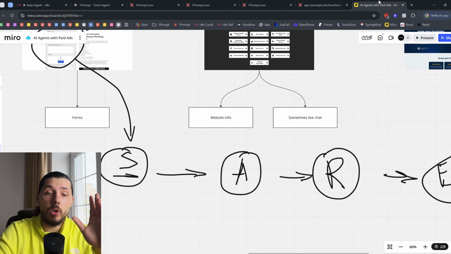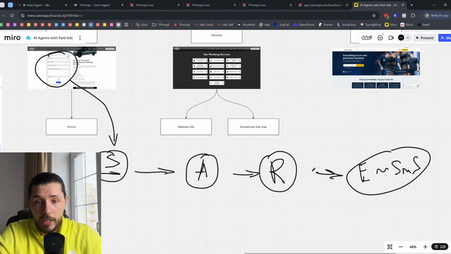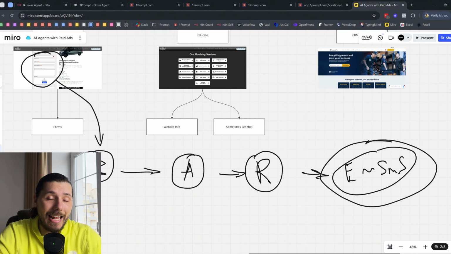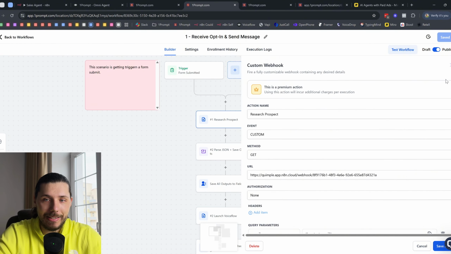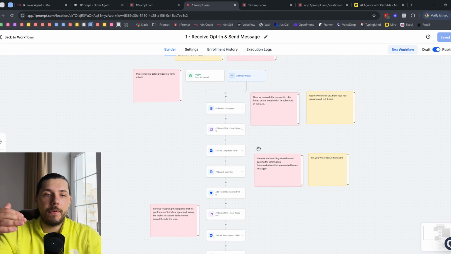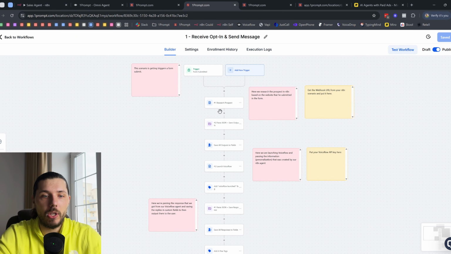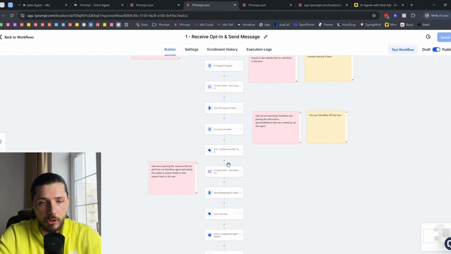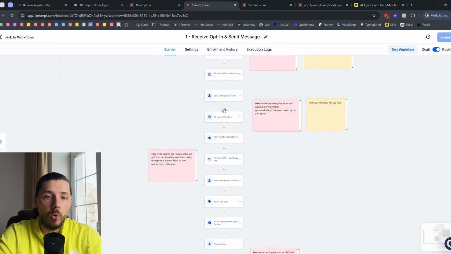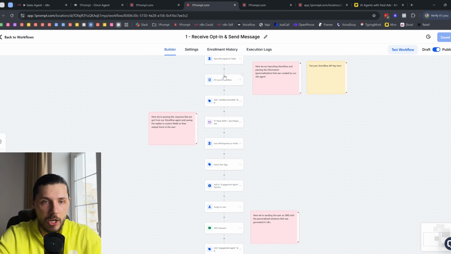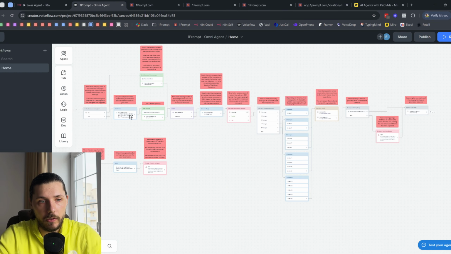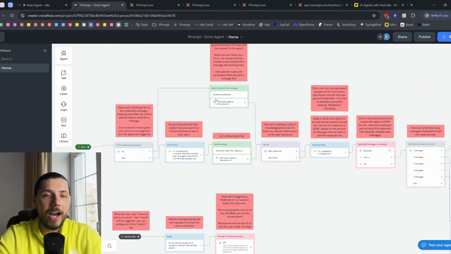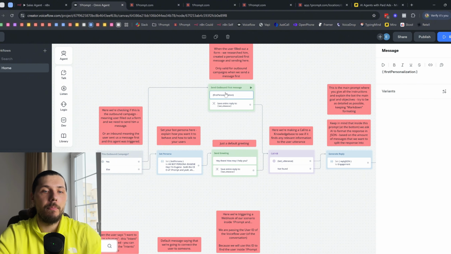So now, when you qualify this prospect, you need to send them the engagement, and that's the power, because you can do everything in one place within HighLevel. You can research the prospect, you can do the logic, and then you are actually launching the agent. We're launching the Voiceflow in this case, and we are outputting the personalized message to the user.